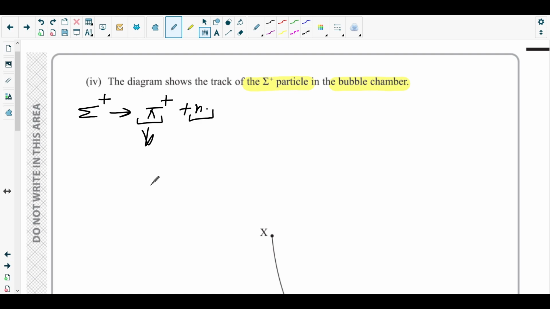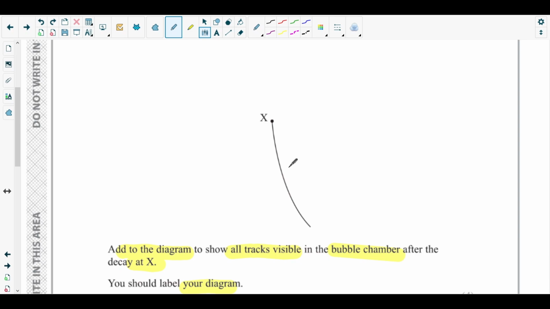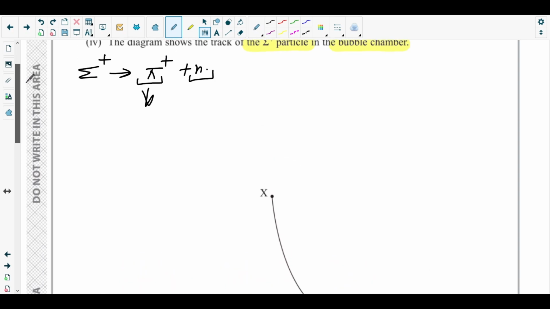So how can you draw the track? That's the main point. This is the track for the omega plus particle. At x, we need to draw the track for the pion plus particle.